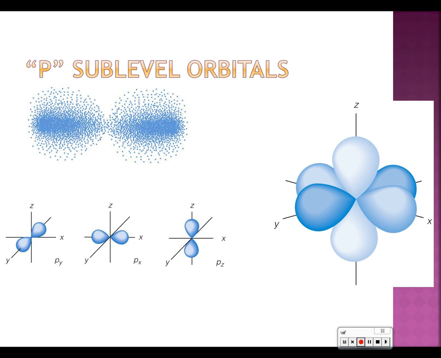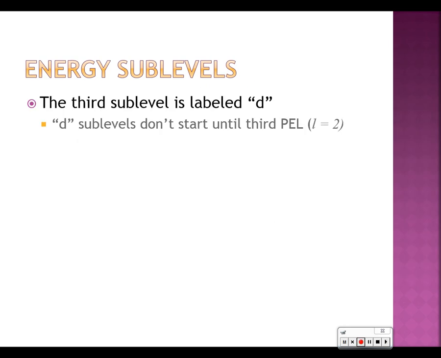The next sublevel that shows up is called the D sublevel. These were the butterfly-shaped ones that showed up first in blue, but then also showed up in green.